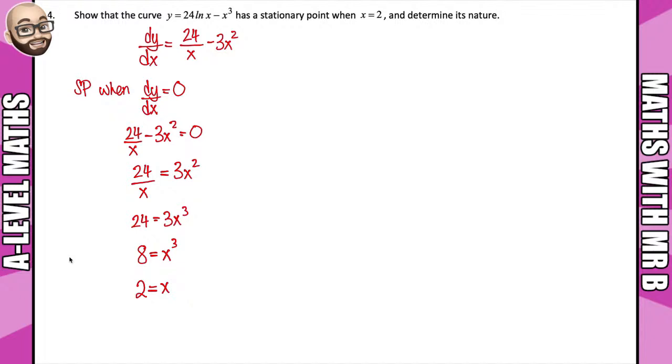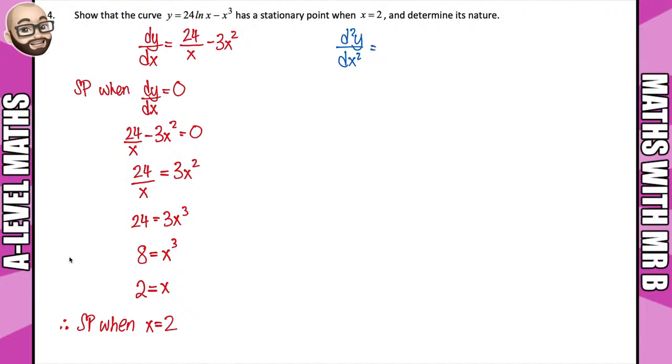Okay. That's the first part done. We have shown that there's a stationary point when x equals 2. Let's maybe even write that out. Therefore, stationary point when x equals 2. So now we need to determine its nature. That means we now have to work out our second derivative. So d2y by dx2 equals.